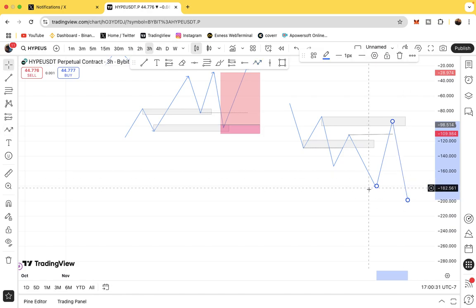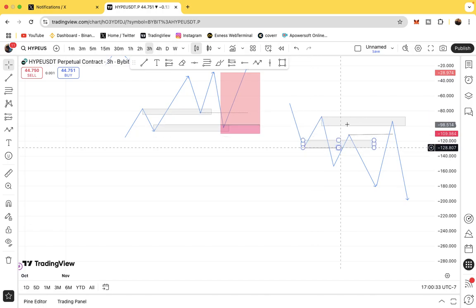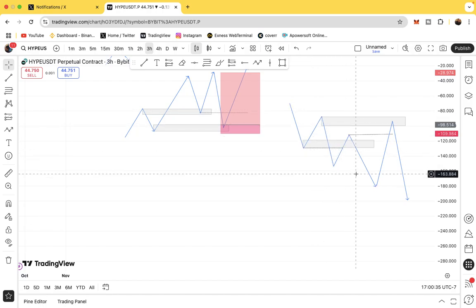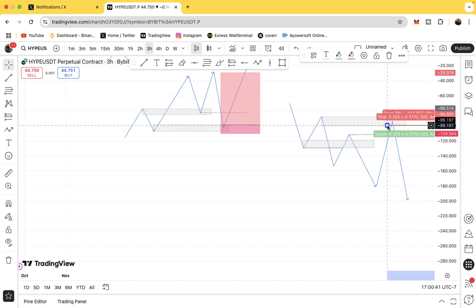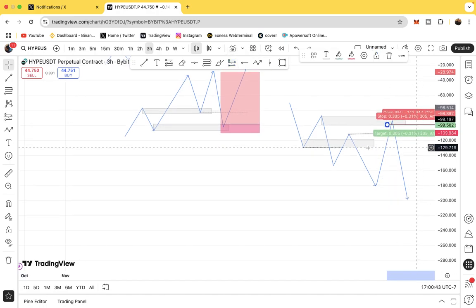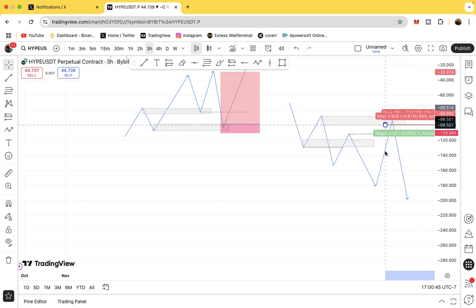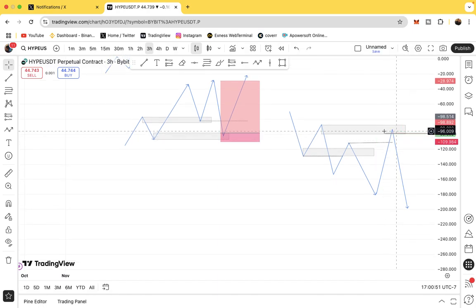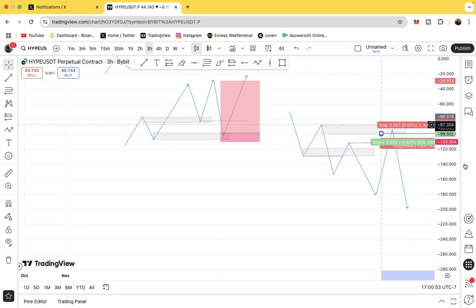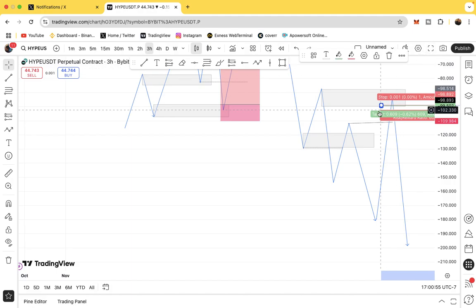So you can see how you can pay attention to using 2 points of interest and having a precise entry of where you're going to be taking a trade from, either a long trade setup or a short trade setup. This gives you more precise levels for your trade.